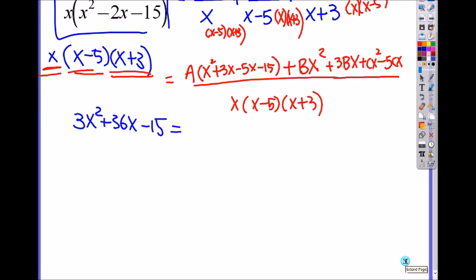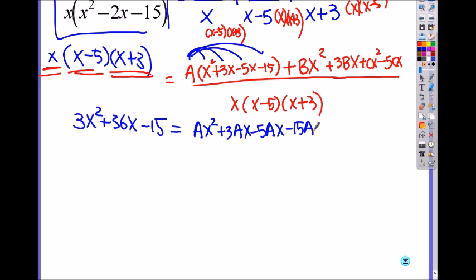So let's go ahead and distribute A. So Ax squared plus 3Ax minus 5Ax minus 15A. And the rest I can just copy. We already evaluated them. Yes? Why wouldn't you just simplify the... I will. Yeah, I will.